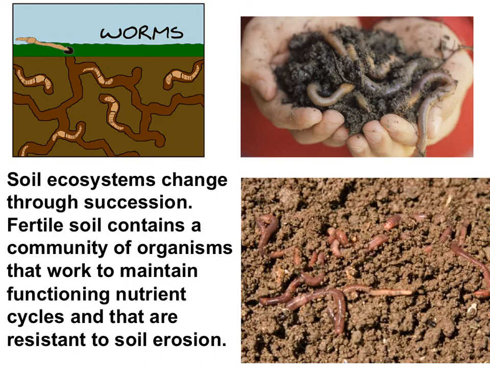Soil ecosystems change through succession. Fertile soil contains a community of organisms that work to maintain functioning nutrient cycles and that are resistant to soil erosion. Biological mixing, by the worms in particular, serves to maintain the organization of soil. Keep this in mind.